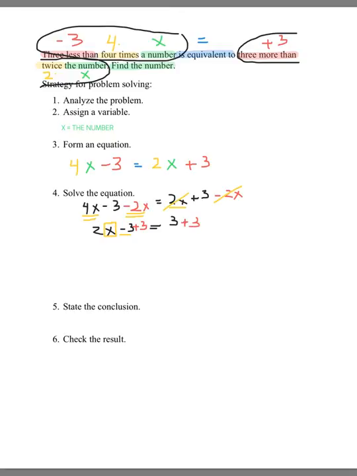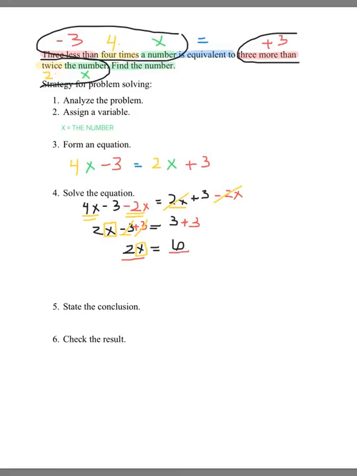So on the right hand side we have 3 plus 3, which is 6. And on the left hand side we have a minus 3 plus a 3, which cancel each other out. So we're left with simply 2x. And again, we want to get the variable x completely by itself. Right now we're multiplying it by 2. So the opposite operation of multiplication is division.